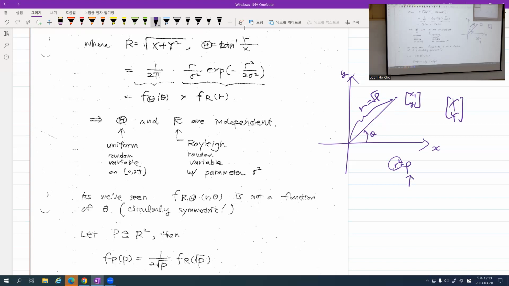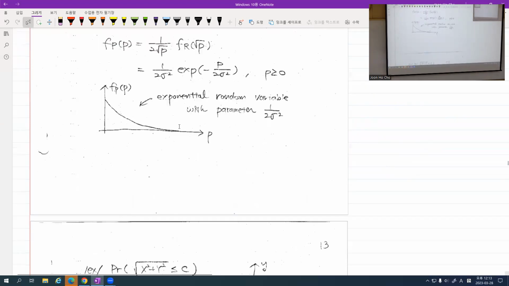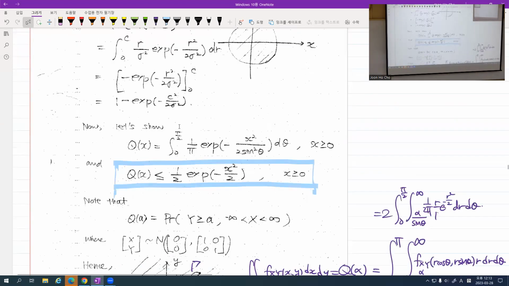So you generate an exponential random number, take the square root of it, and use it as a distance from the origin. Then you generate a uniform random variable to find the angle. Then if you generate a lot of points in the two-dimensional plane, you will eventually have the scatter plot of the zero mean IID Gaussian X and Y case. Got it? What else do we have? Yeah, we've done this already, right?